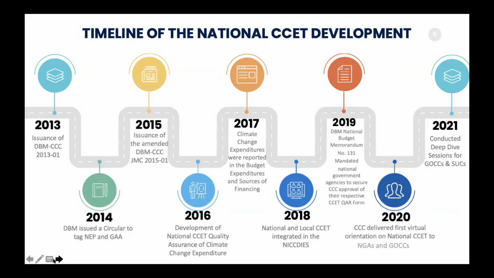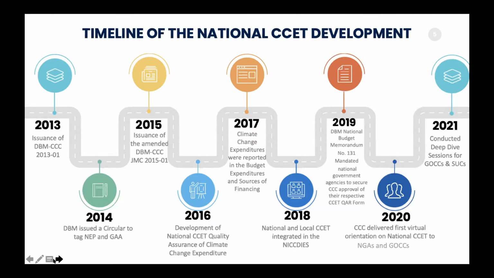But in 2014, DBM issued a circular to also tag the NEP and the GAA. In 2015, this was amended, and then in 2016, we also developed the National CCET Quality Assurance and Review of the Climate Change Expenditure. Before, agencies would only provide figures for their climate tagged PAPs.